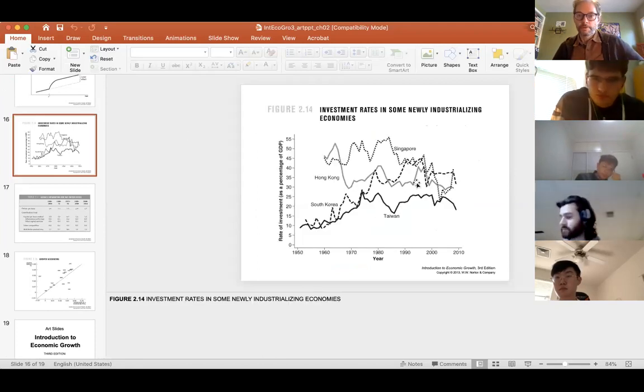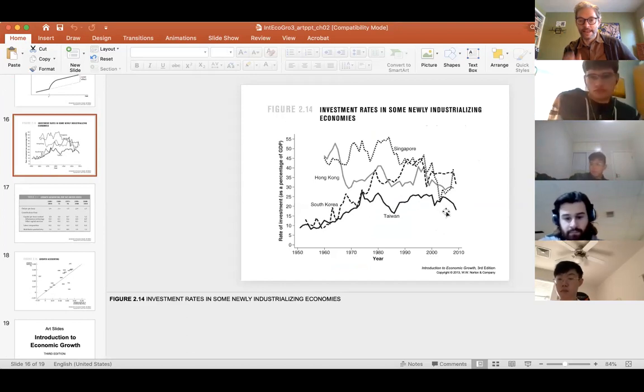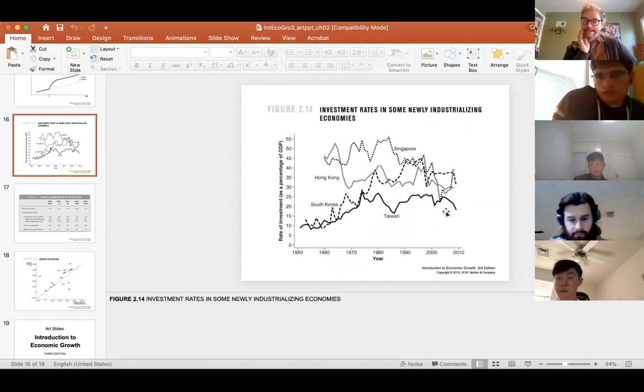But look here at investment rates in some newly industrialized countries. These are primarily Asian countries. Notice here, like a country like Taiwan, right? They had high investment rates in the 1960s, but these investment rates dramatically tailed off in the 1970s and 1980s, the period of fastest growth in Taiwan, right? Just when growth was taking off in Taiwan, investment rates started to plunge.